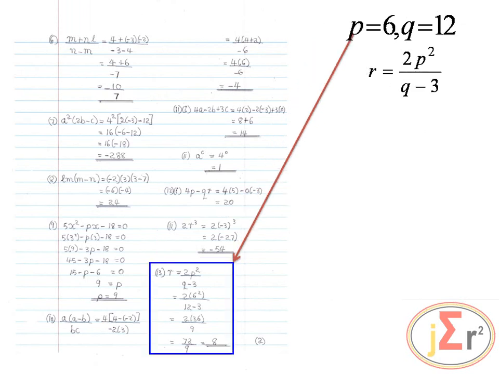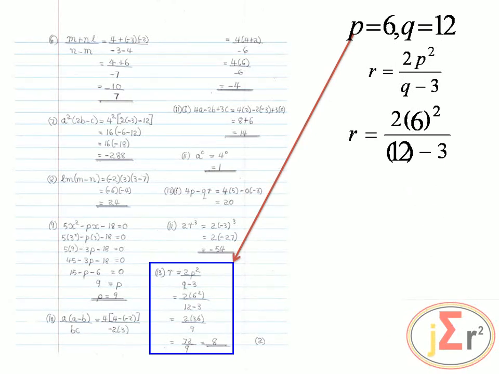Finish up with this one that says P is equal to 6, Q is equal to 12, R is equal to 2P squared over all of Q minus 3. There we have our template, and where we see P, we put 6. Where we see q, we put 12.